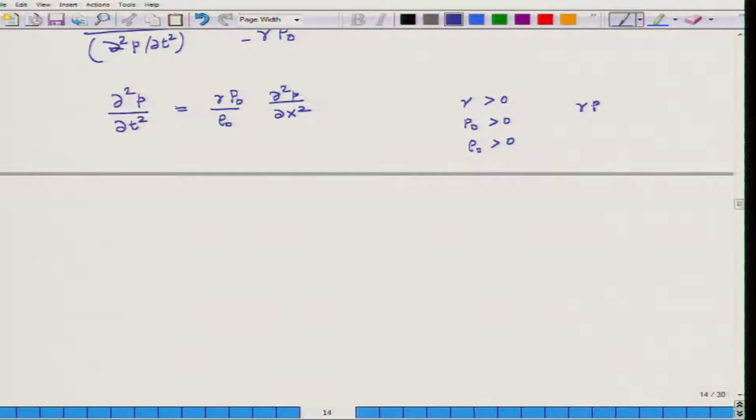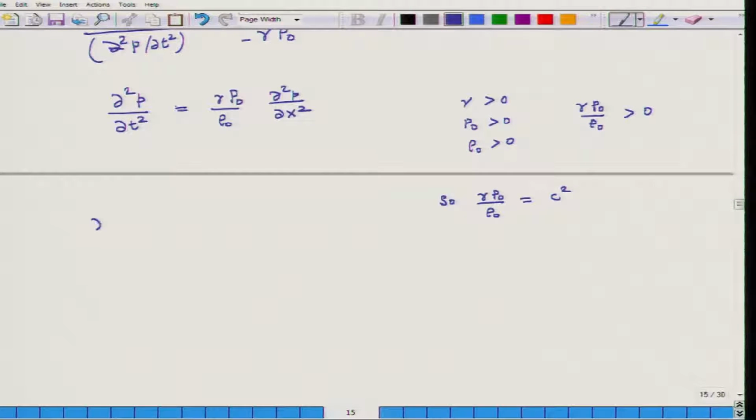So, gamma p naught over rho naught is positive. We can also write it as some constant and I can square it. So, c is always a positive term, c square.